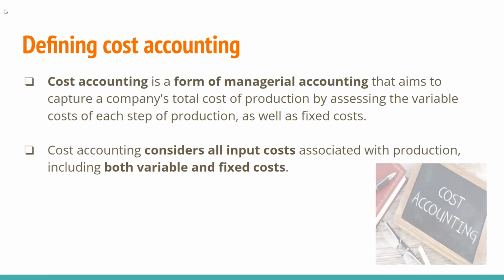Some costs are fixed, meaning that they stay the same regardless of the amount of units produced. Other costs are variable, meaning that they increase or decrease based on the level of production. So cost accounting looks at all of the input costs associated with production, including both the fixed costs and the variable costs.